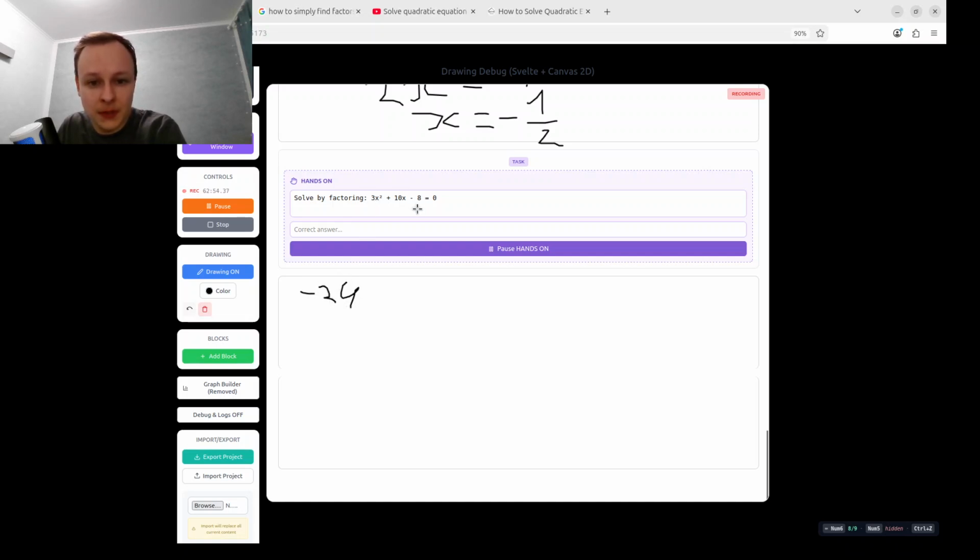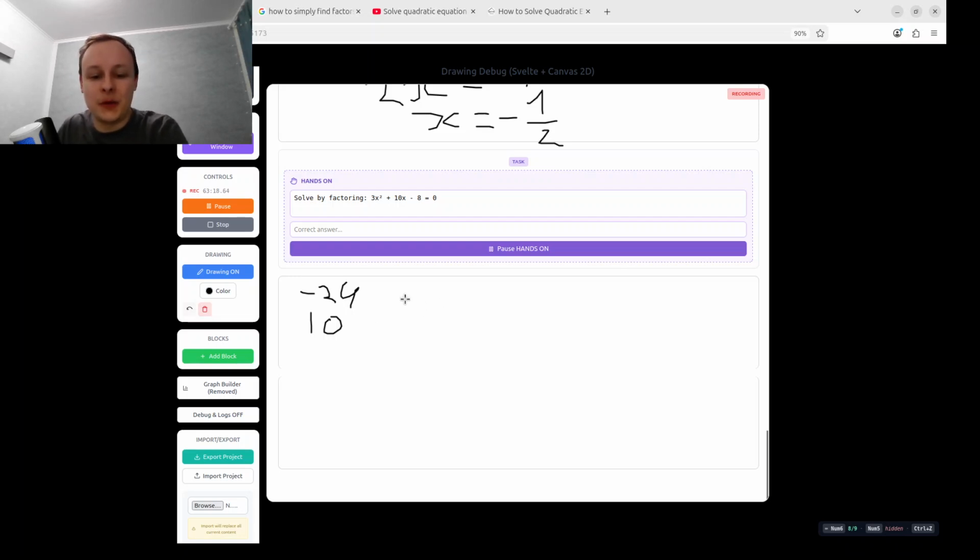That is the product of these two, and the middle term stays the same. So we have to find two numbers which will give us minus 24 if we multiply them, and give us 10 if we sum them.